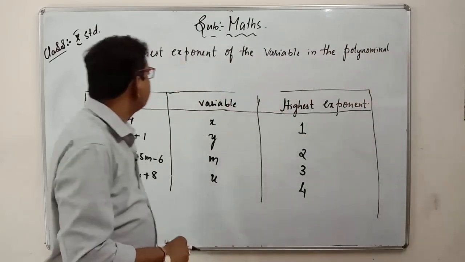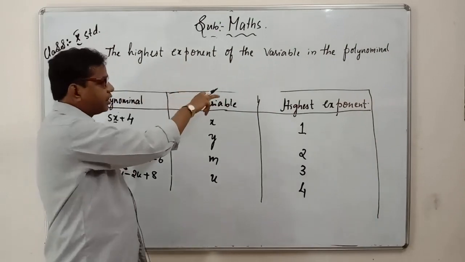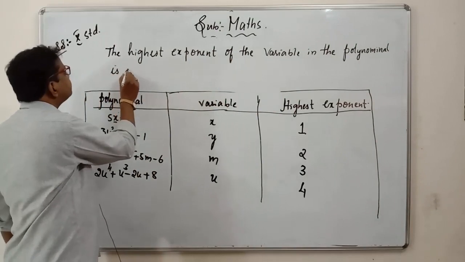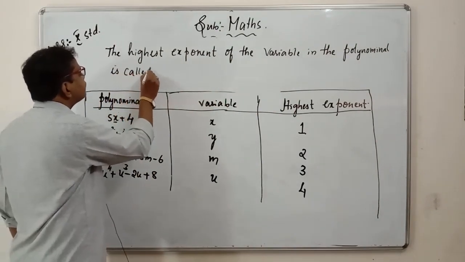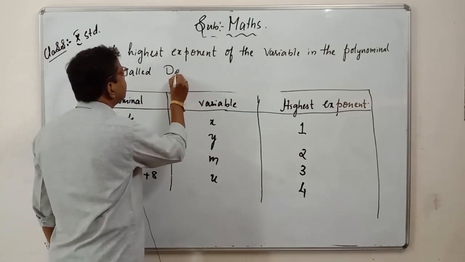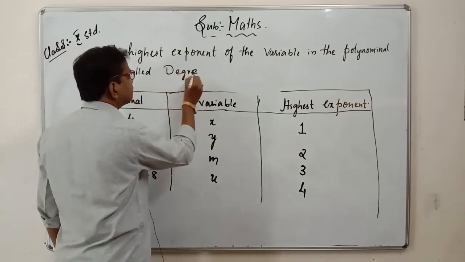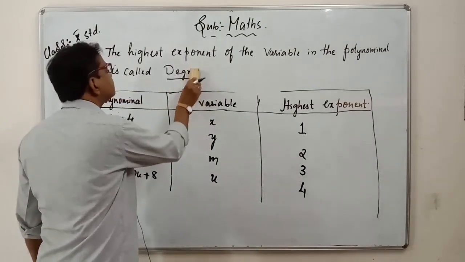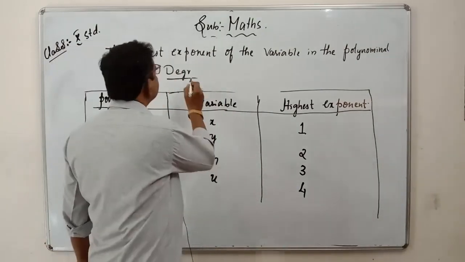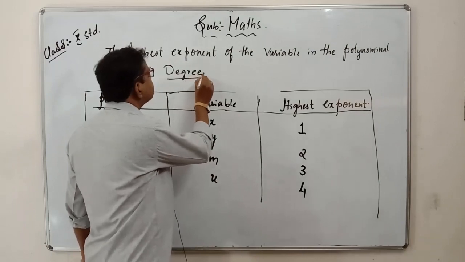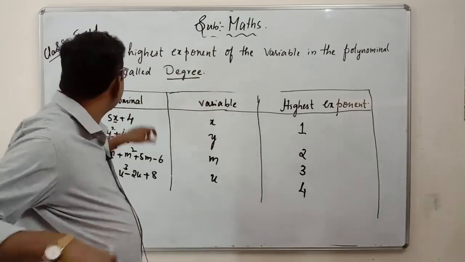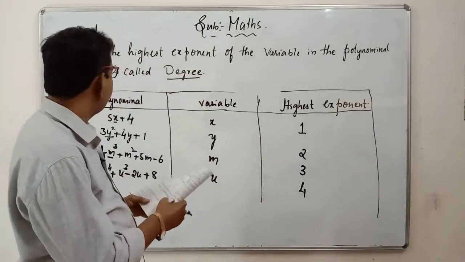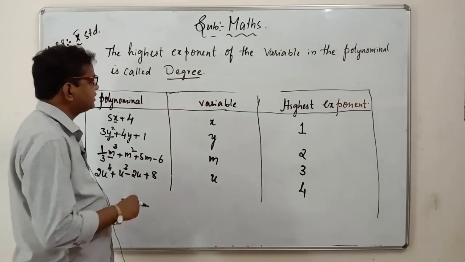Observe clearly here, the highest exponent of the variable in the polynomial is called its degree. You may call it degree also.